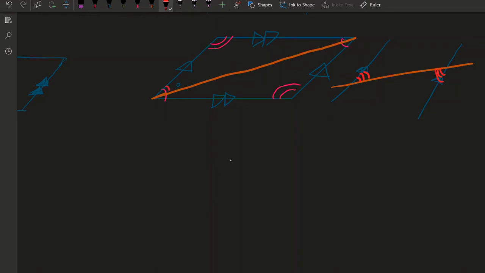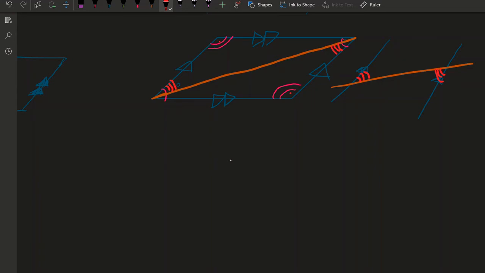So I can say this angle is congruent to this angle. And hopefully you're seeing what I'm about to do here. I've got two angles that are congruent because of the parallelogram opposite angles theorem. I've got two angles that are congruent because of alternate interior angles, and I've got this orange transversal that's congruent to itself by the reflexive property.